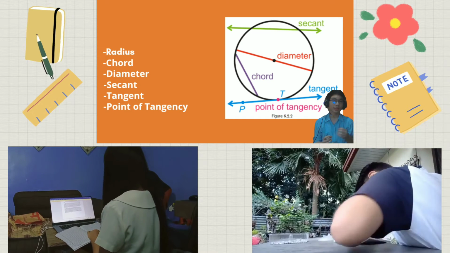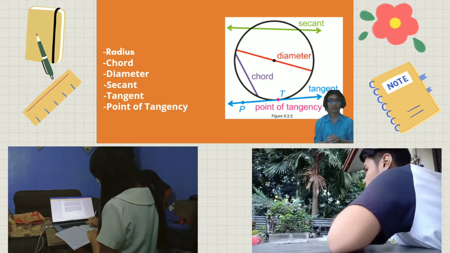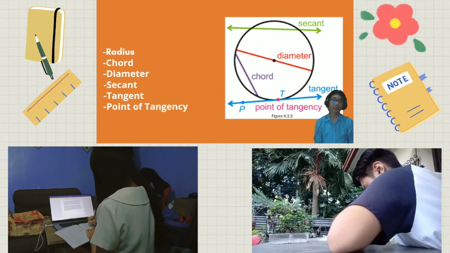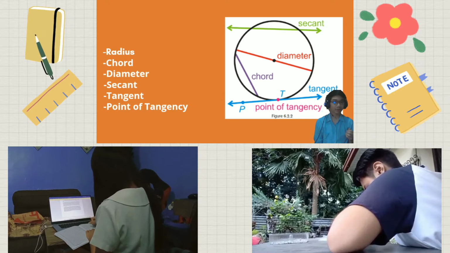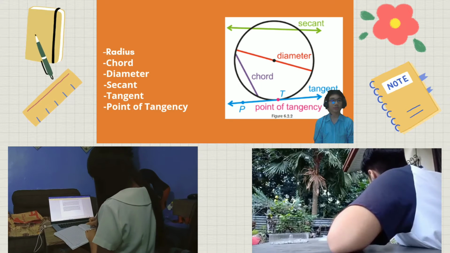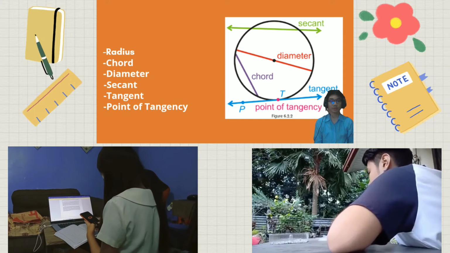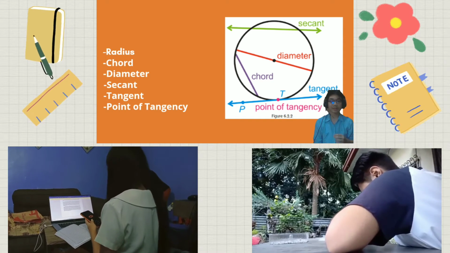Next is the chord. It is a line segment whose endpoints are on a circle. Next is the diameter. It is a chord that passes through the center of the circle. The length of a diameter is 2 times the length of a radius. Next is the secant.